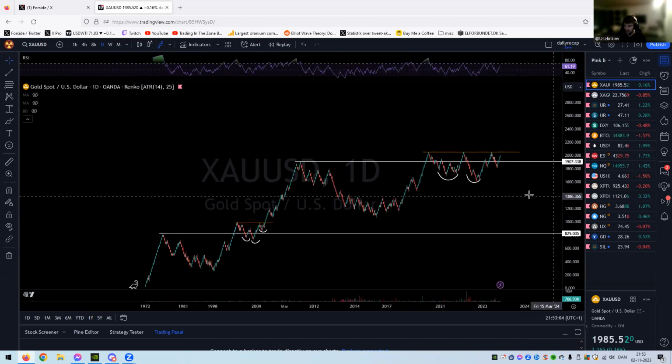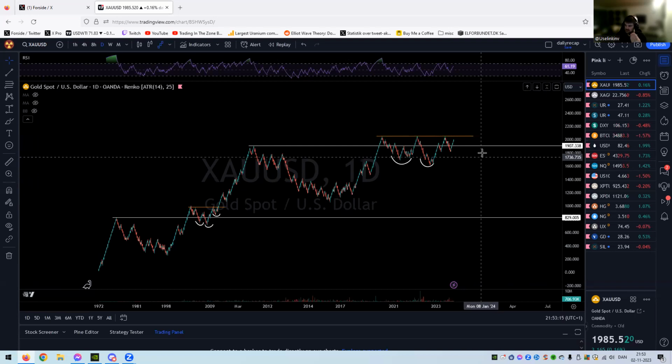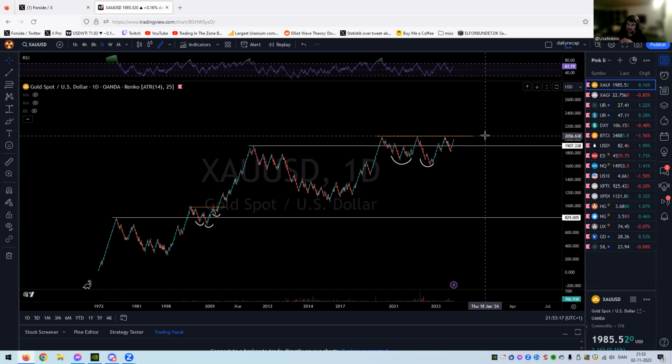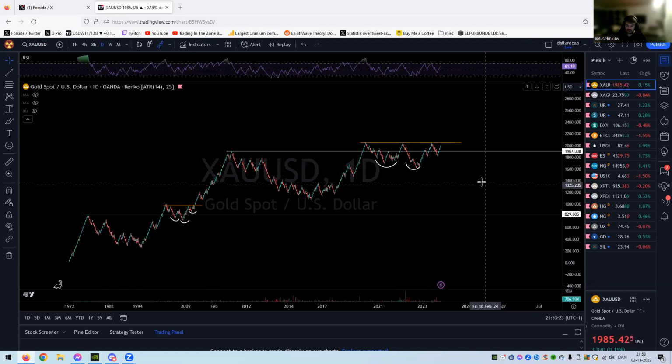It can be used in many different ways, but to me, it's very clean. And that's why I use Renko, just to get a calm picture of where we're going in my view. So when this triggers, getting above 2075, we trigger a move to roughly 3K. And I don't think we are that far away really from that level.